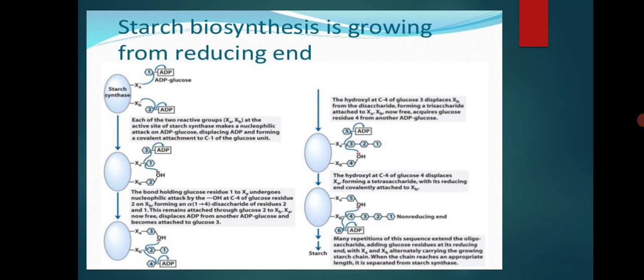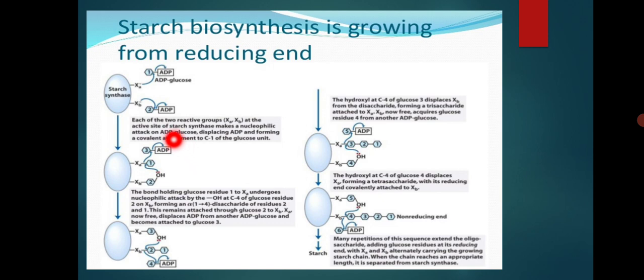So this is the introductory part of starch. Now what about synthesis? So this is the synthesis of starch. This synthesis we will discuss in our next lecture in detail, how the starch is being synthesized.